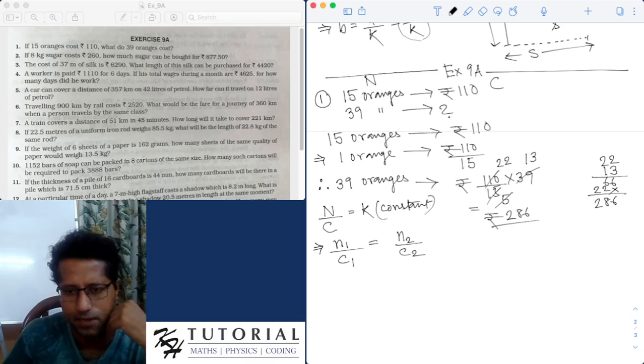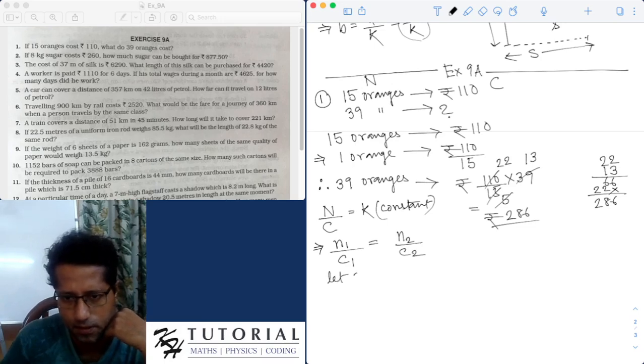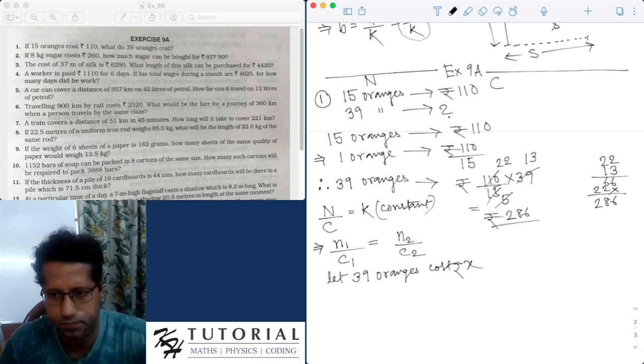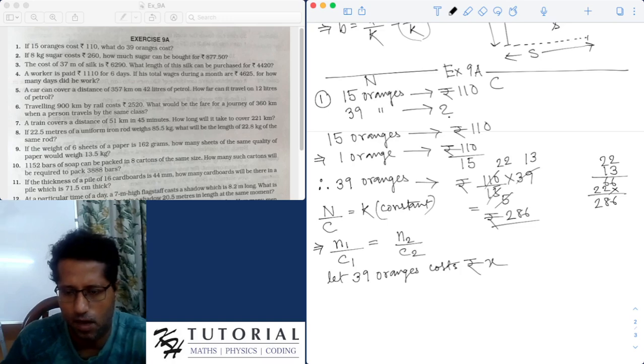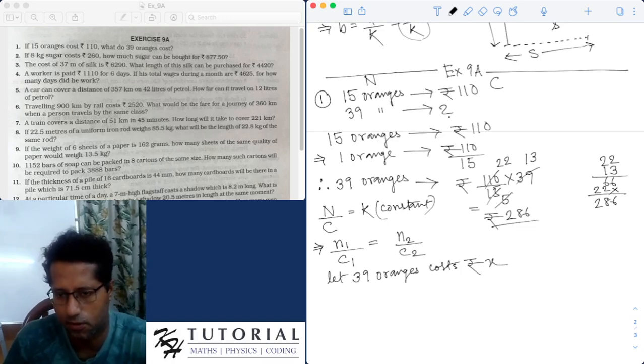Now, if we apply this concept, let 39 oranges cost rupees x. So we know that 15 oranges cost rupees 110. And now we are assuming that 39 oranges cost rupees x.